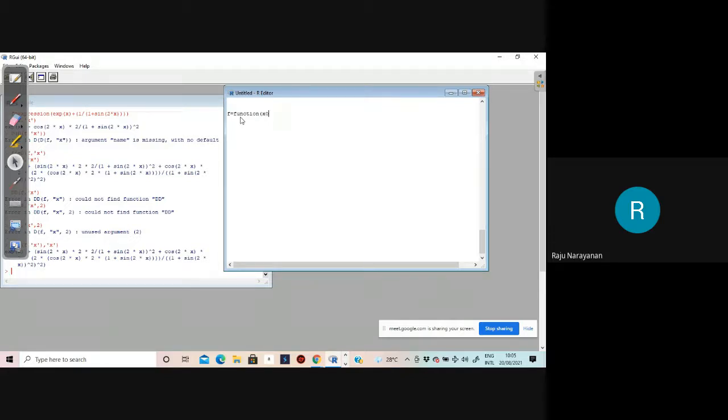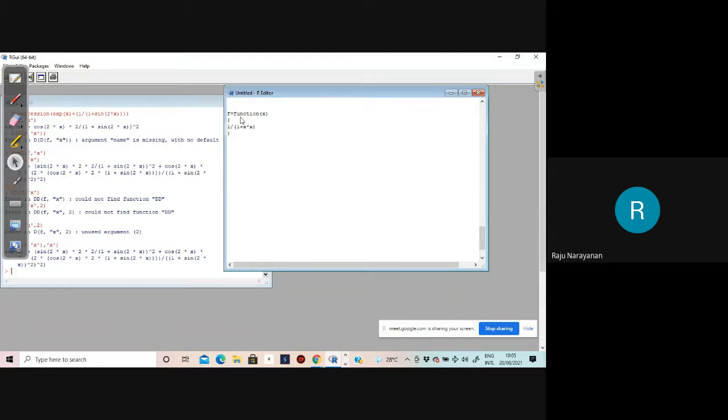What was our function? 1 by 1 plus x square. Okay, you remember this syntax, curly brackets, 1 by 1 plus x square, curly bracket close.